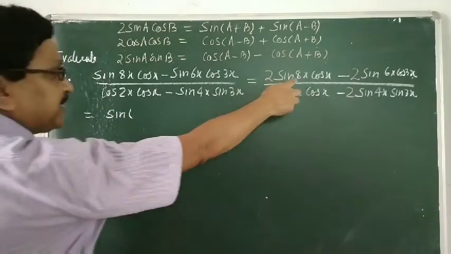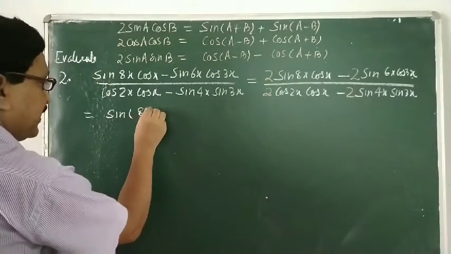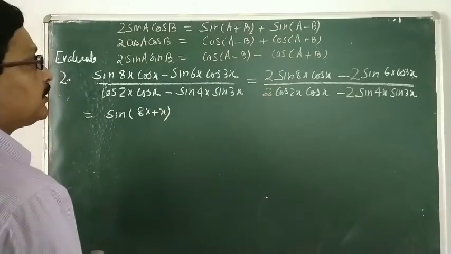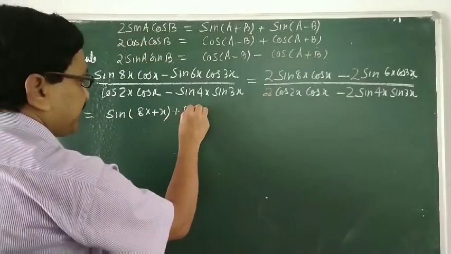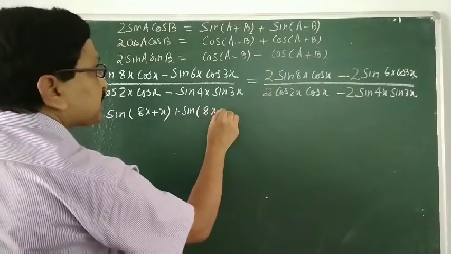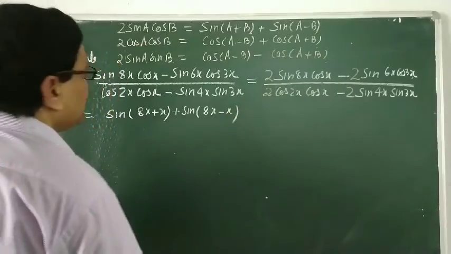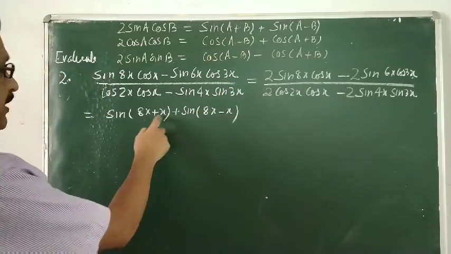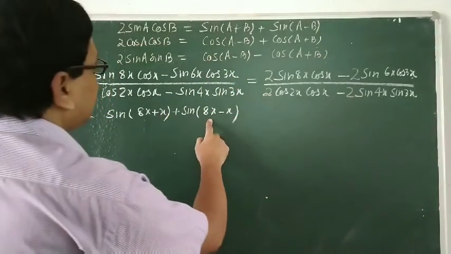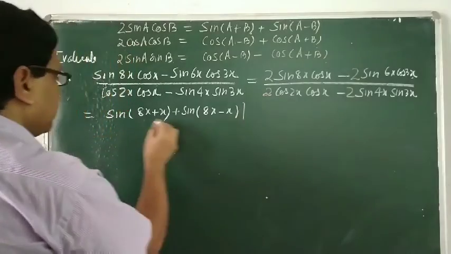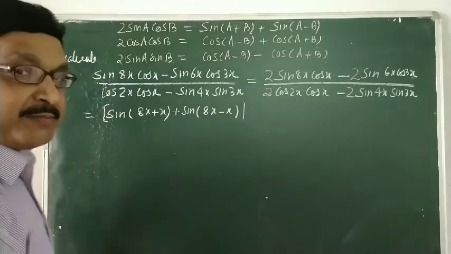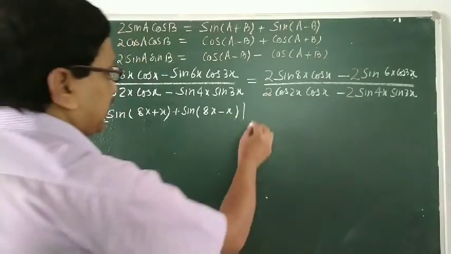A plus B means 8x plus x, plus sin A minus B means 8x minus x. Keep it in big brackets. Next, minus.